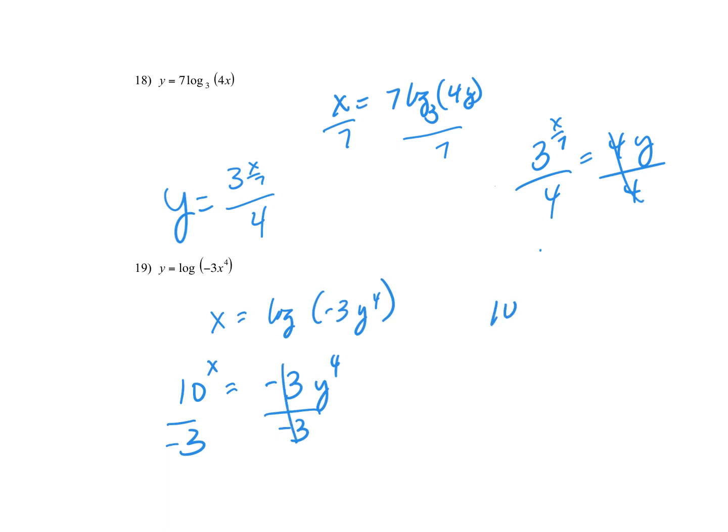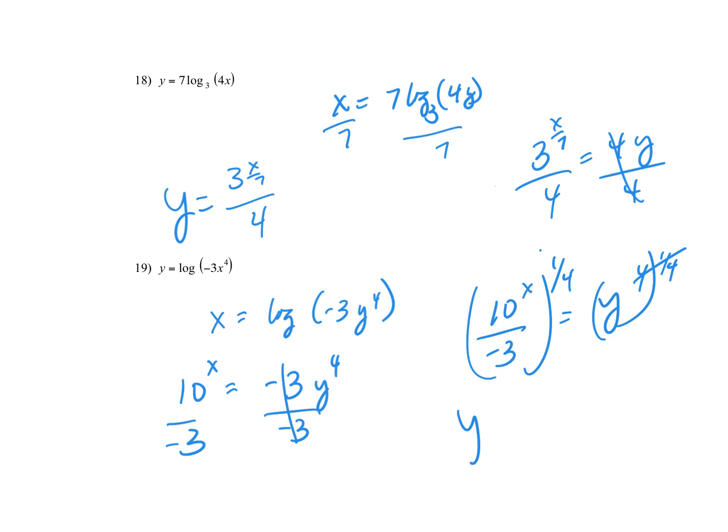And so we have 10 to the x over negative 3 equals y to the 4th. And what we want to do on both sides to get rid of that 4th is make it to the 1/4. And that'll bite the dust on the right, and it'll be y equals 10 to the x over negative 3, to the 1/4.